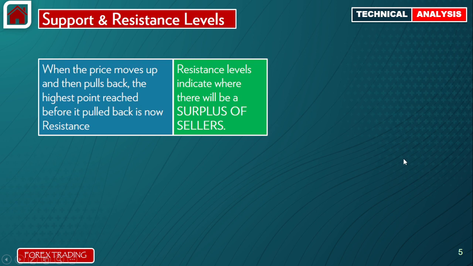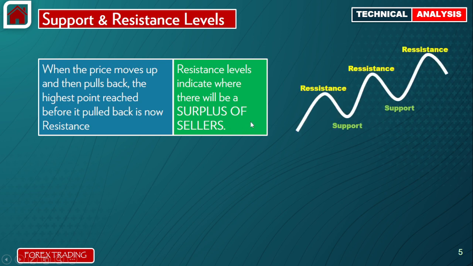So now let's look at it in more detail. When the price moves up and then pulls back, the highest point reached before it pulls back is now resistance, and we call it a resistance level because there is a surplus of sellers. Again, look at the same picture. We have a resistance level over here in this circle, and this is where we see a surplus of sellers.